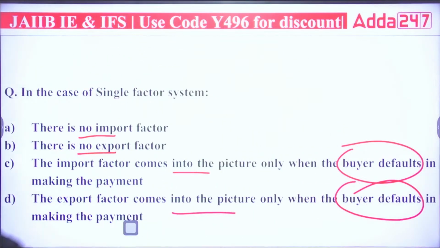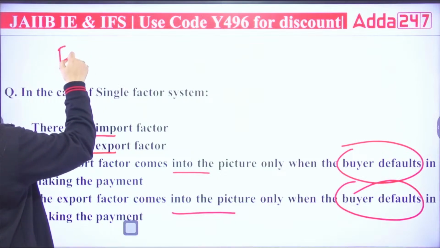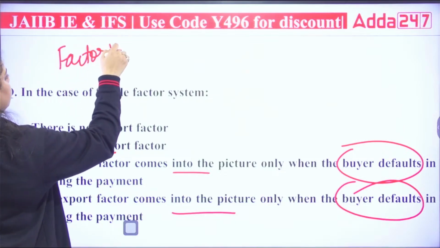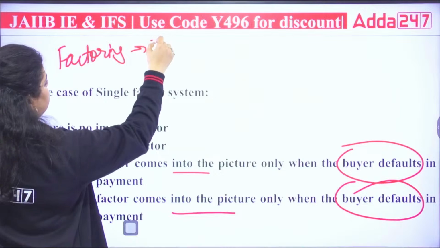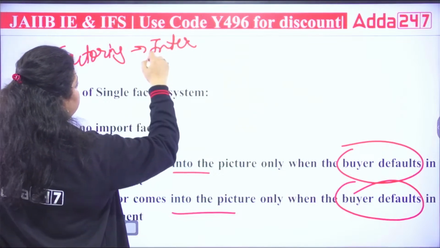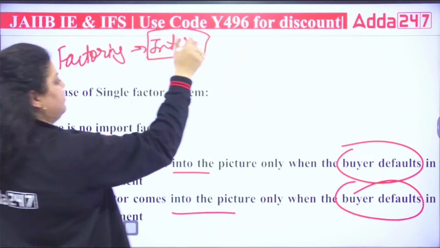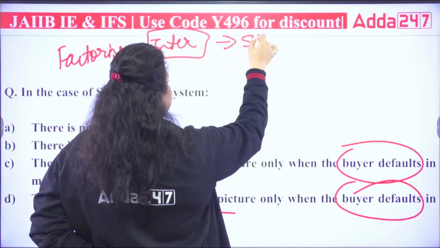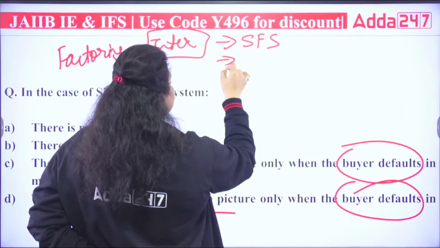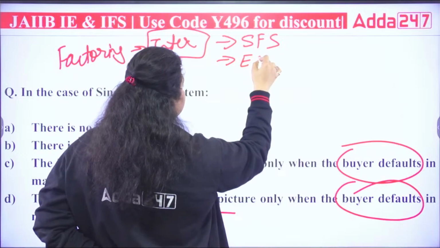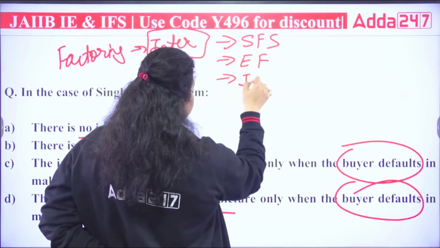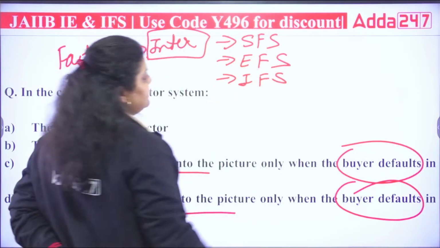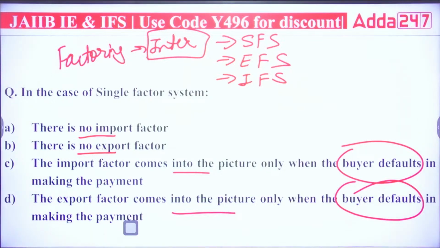So, what happened? Factoring can also be done at the international level. And when it happens at the international level, it has three types. First is single factor system. Second is export factor system. Third is import factor system.